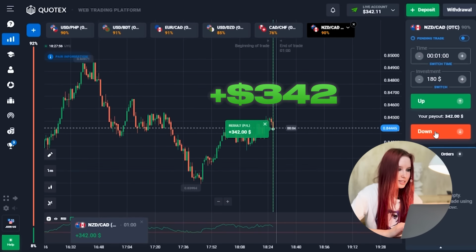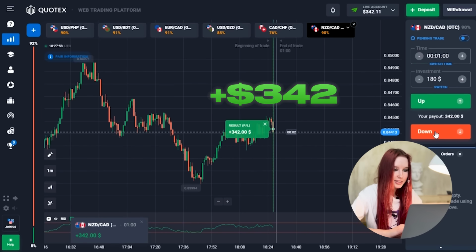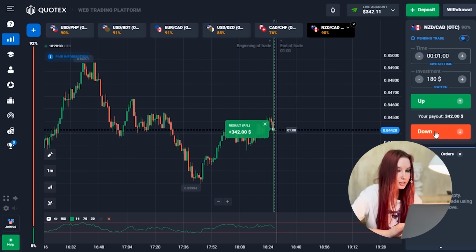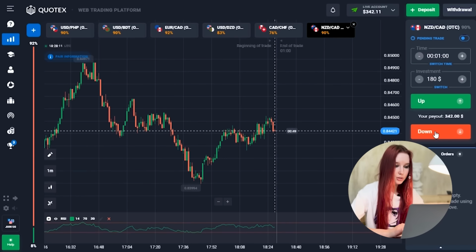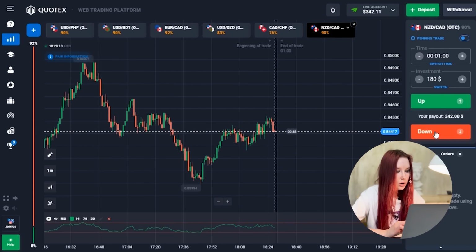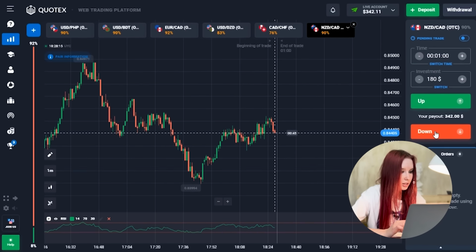I was able to predict the price movement again, and here we can notice the left shoulder, the head and the right shoulder, and if this level is broken through, the price will continue its upward movement to the level of 0.847.